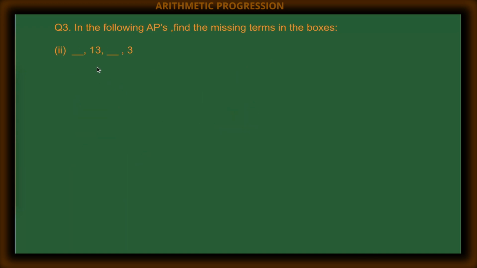Okay, so in the following AP, A is missing, A2 is there, A3 is missing. Now we need to find the missing terms here. Is there a D? No, there is no D. So how do you find it?